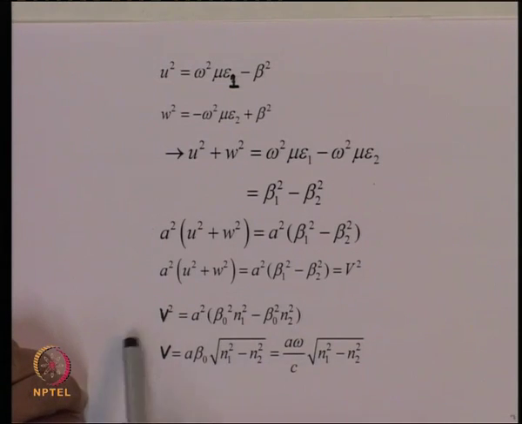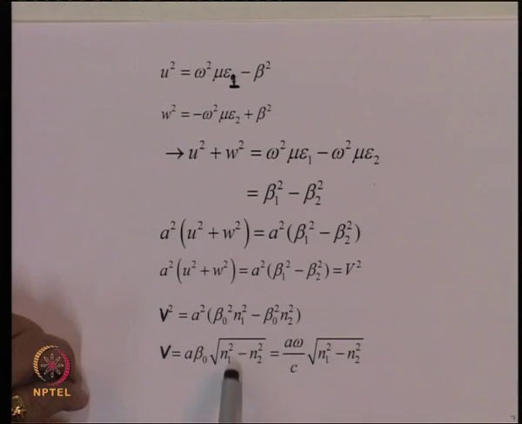If I simplify this quantity, V will be equal to a, taking beta 0 common, a into beta 0 times the square root of n1 square minus n2 square. And as you know, beta 0 is the free space propagation constant, given by omega upon c, where c is the velocity of light in vacuum.